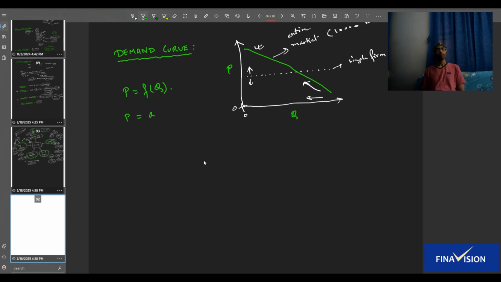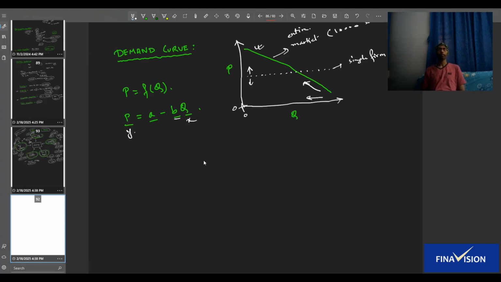P = A - BQ. Price is equal to A, some constant, minus B, some constant, into Q, which is the demand. So price and demand are the variables. Demand is the independent variable or X, price is the dependent variable or Y, right?